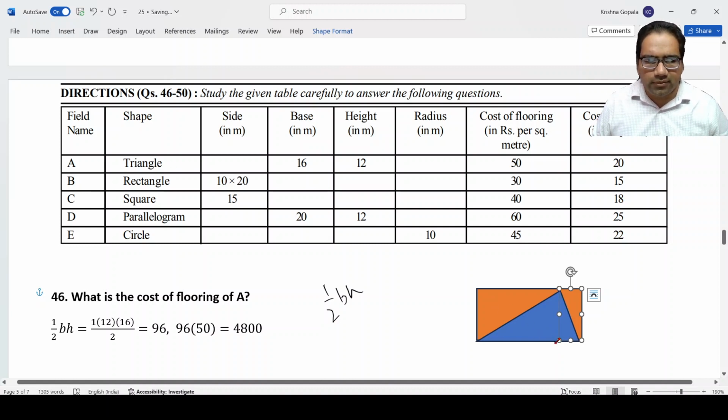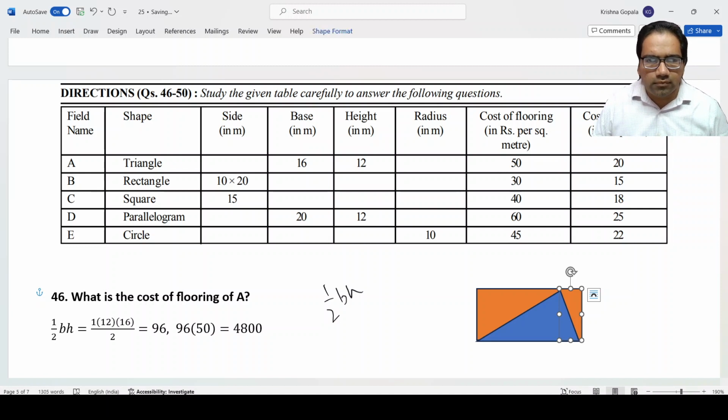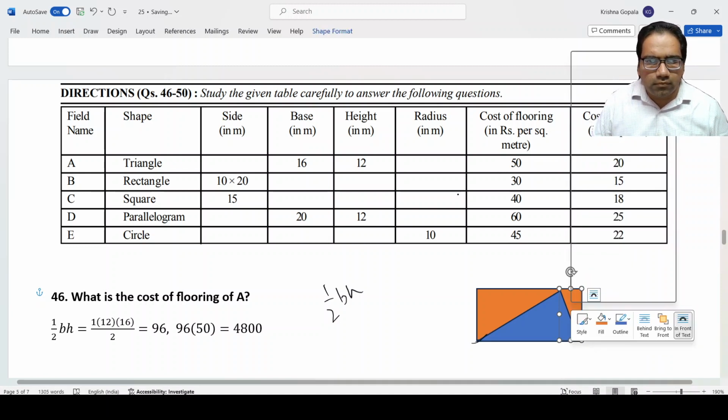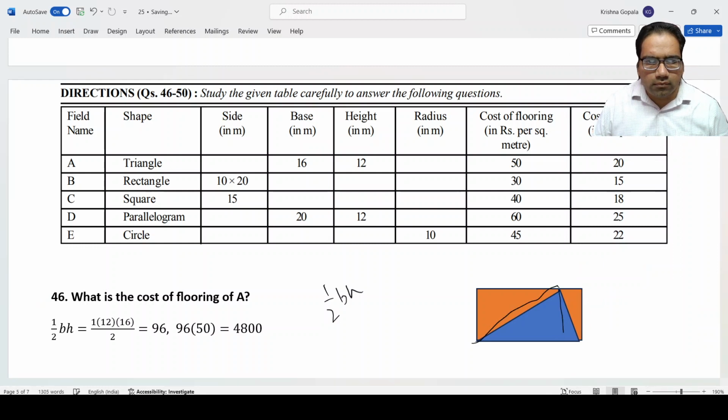So the left part of the triangle is half the area of this entire rectangle, right? This triangle is half of this entire rectangle, right?